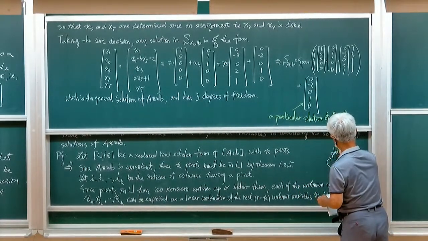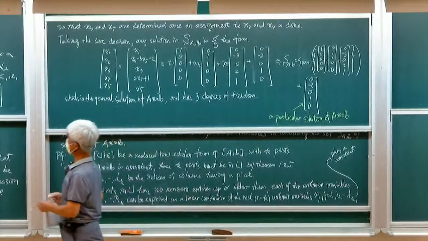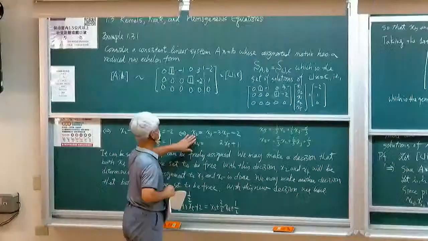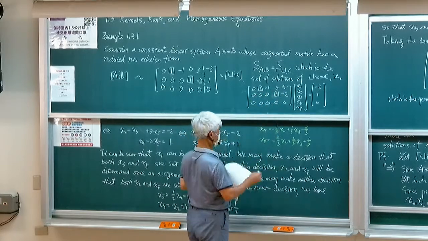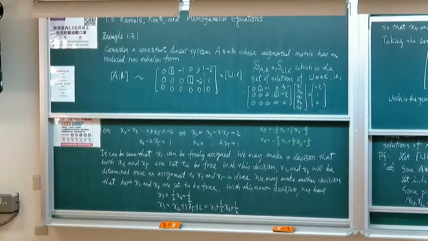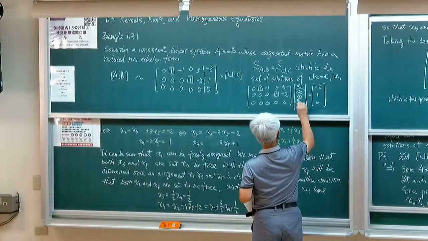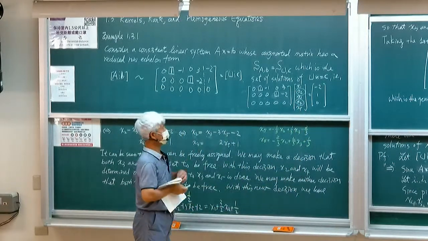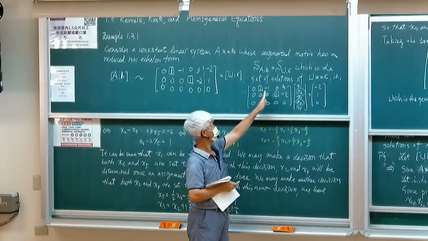Plus a constant. Okay, so just like here, for x2, so now these two unknown variables correspond to pivot columns with a pivot.